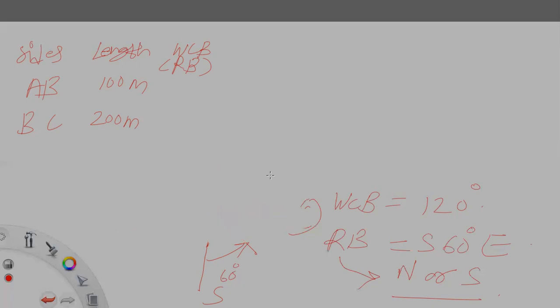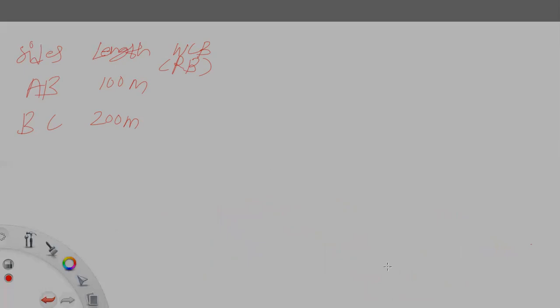Now let's come back to our table. Our table will have the length, then the reduced bearing, then the whole circle bearing. After that, you will have the latitude and departure.